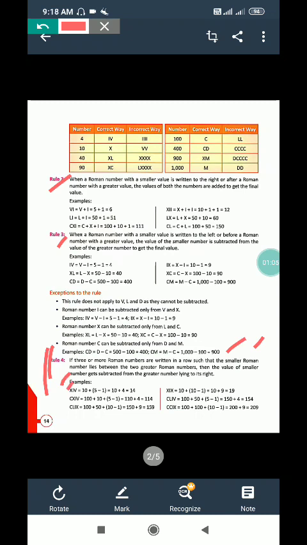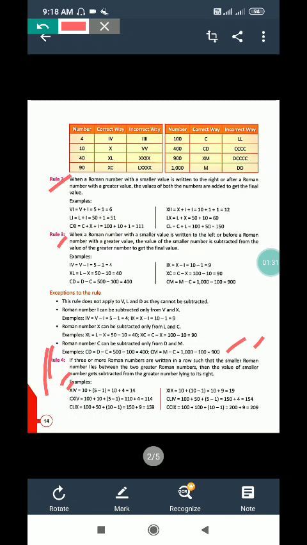Here one example is given, X, I, V. What is the value of X? As we know, the value of X is equal to 10. And IV is 5 minus 1, equals 4, so 10 plus 4 equals 14. That means the value of XIV is equal to 14.